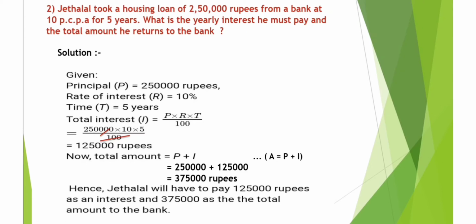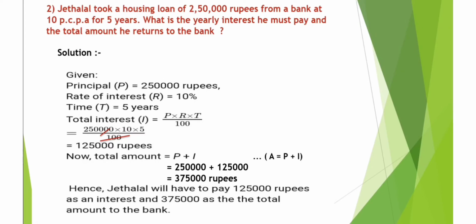1,25,000 rupees. That is the total interest. Now they have also asked us to find the total amount. Our formula for amount is principal plus interest. So the value of principal is 2,50,000 rupees, which is already given in the question, and interest what we got is 1,25,000.